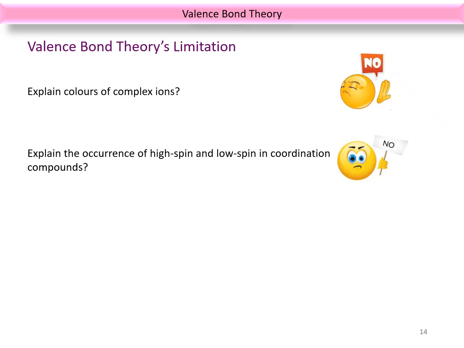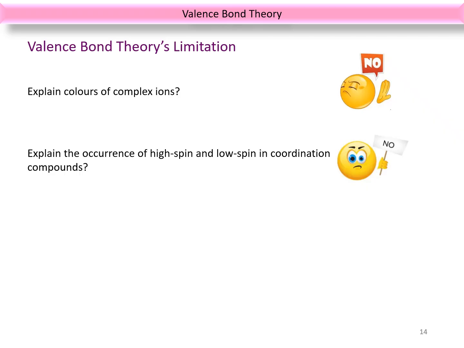When the ligand is strong and manages to force the electrons in the metal's d orbital to pair up, it generates more paired electrons. So the number of unpaired electrons is not so great, and that falls under the low spin class.